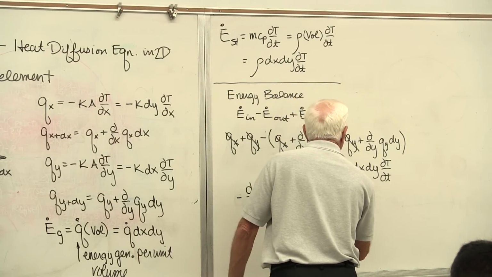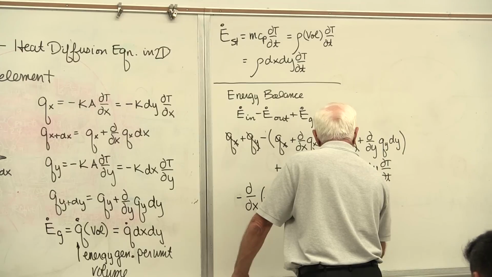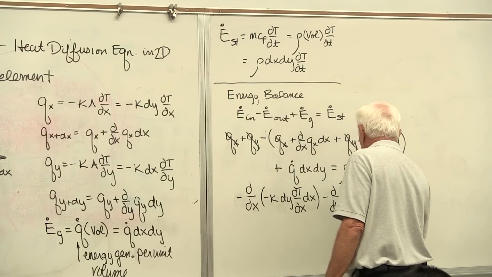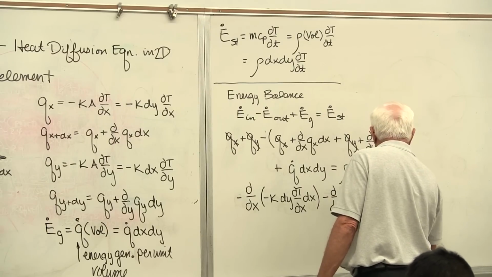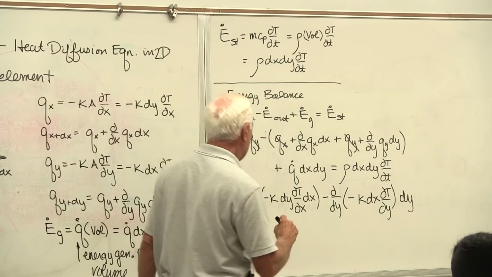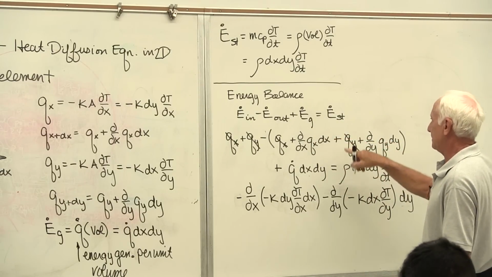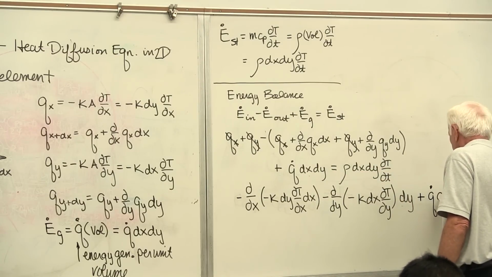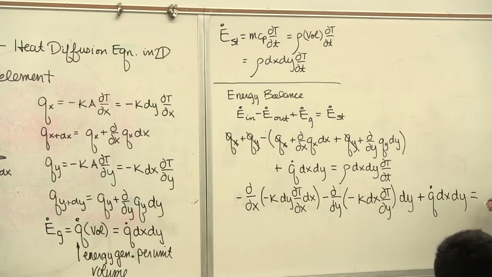And then for the second term, the y term, it's minus the partial with respect to y of Qy: minus k dx partial T with respect to y multiplied by dy. And then we have our E dot gen, which is plus q dot dx dy, equal to E dot storage right there.